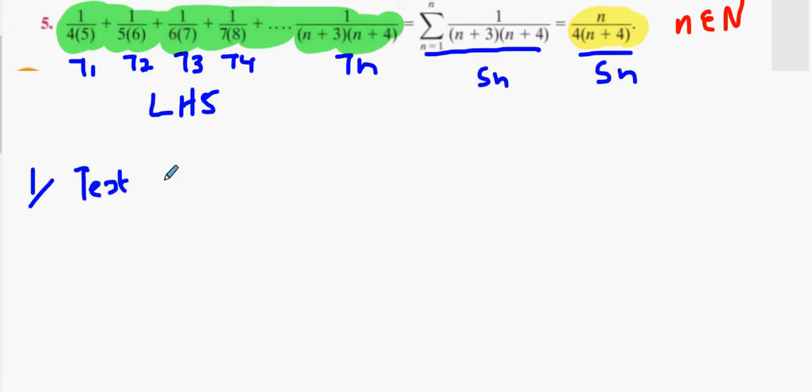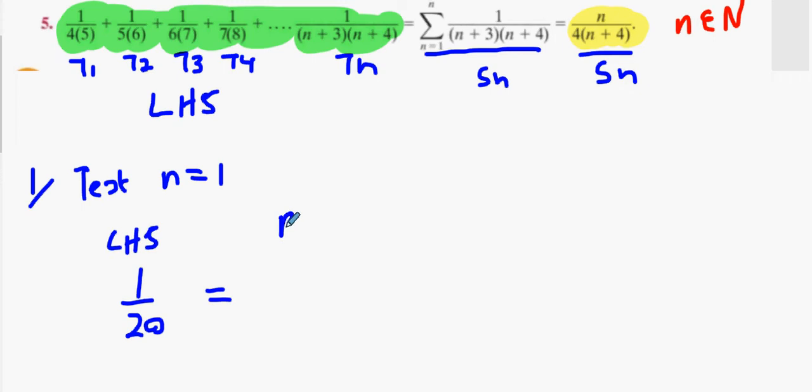n equals 1. Now n equals 1 means t1, and t1 is 1 over 20. So that's for your left hand side. Left hand side is t1, which is 1 over 20.